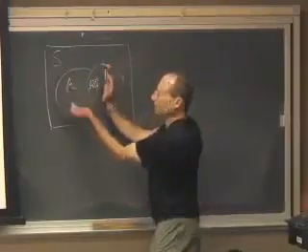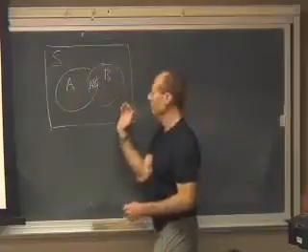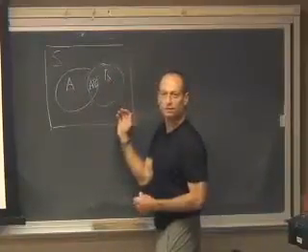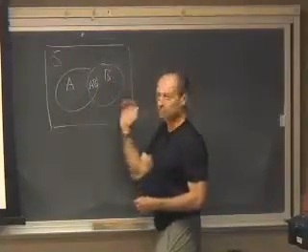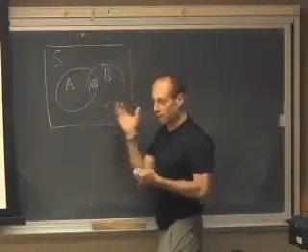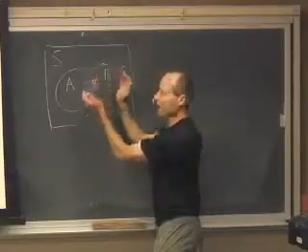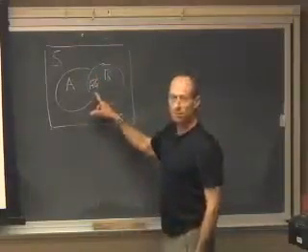So to get the probability of A, I'm going to add something to the probability of A intersect B. Namely, I'm going to add the probability of A intersect B complement. Its probability can't be negative. So the probability of A has to be at least as big as the probability of A intersect B.